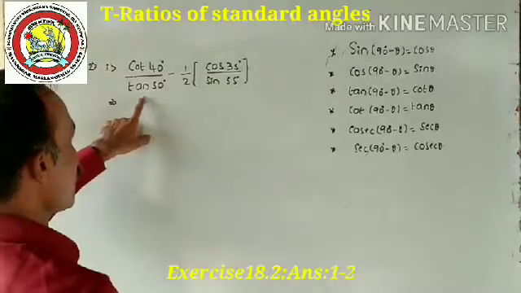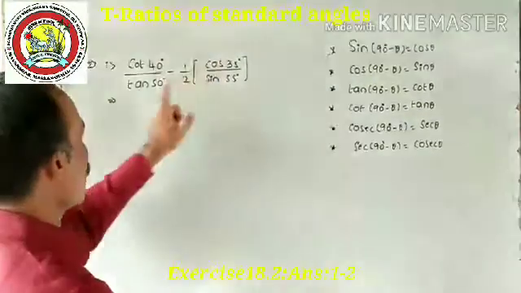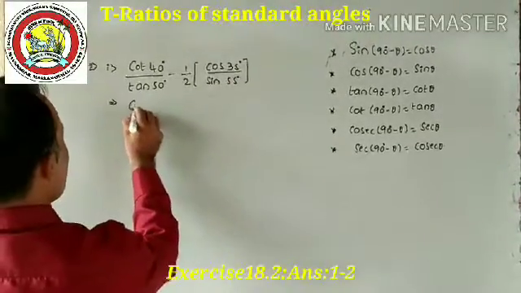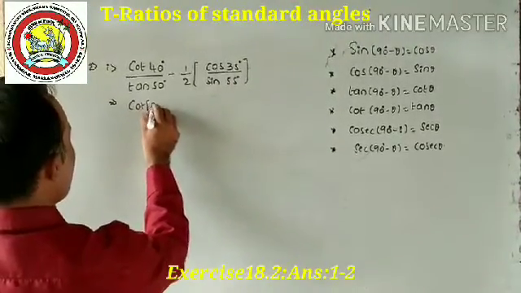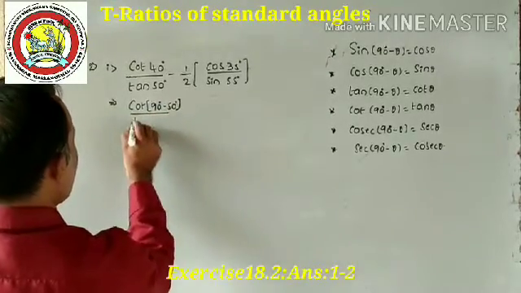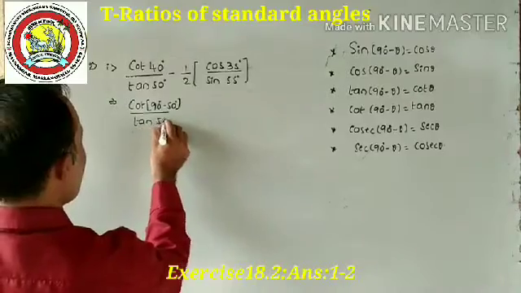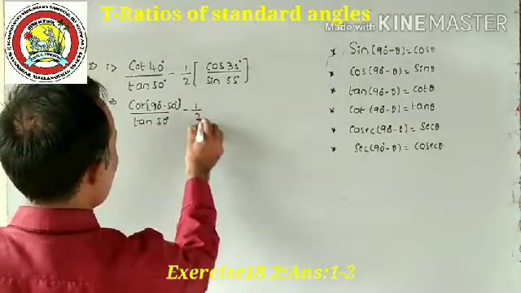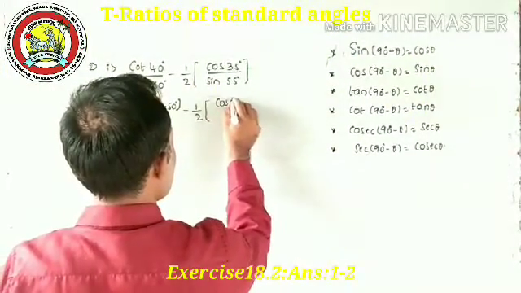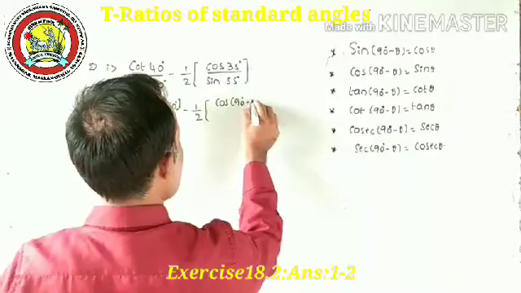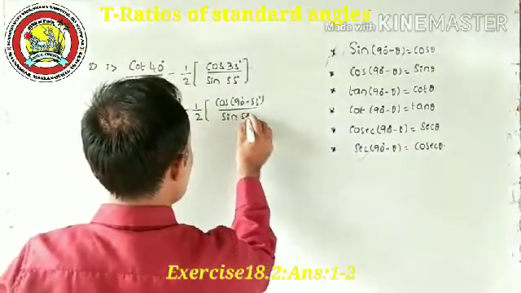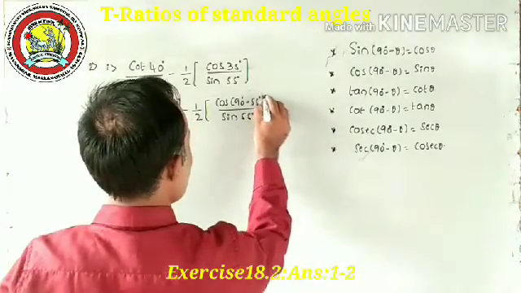Just these two are the same, 1, minus these two are the same, 1. So 1 minus 1 by 2. The final answer is 1 divided by 2. As cot 40 degrees can be written as cot of 90 minus 50 degrees, with the denominator kept as it is, tan 50 degrees, minus 1 by 2, and cos 35 can be written as cos of 90 degrees minus 55 divided by sin 55 as it is.